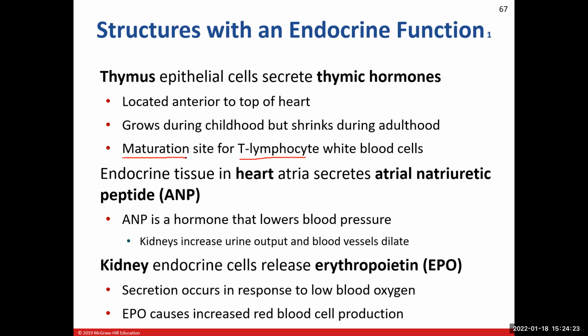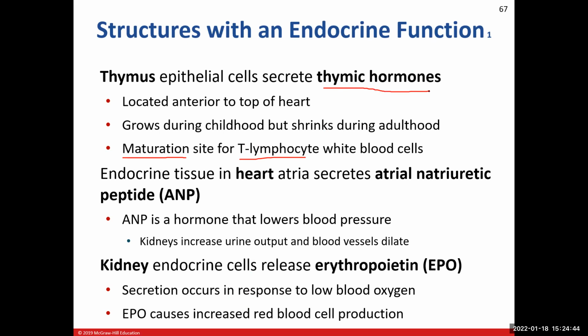And once they mature, then they're going to get tested. If they pass the test, they live and they go out into the body. If they don't pass the test, they die. Anyways, this gland or tissue here is going to release thymic hormones, which is going to help with those T lymphocytes there.